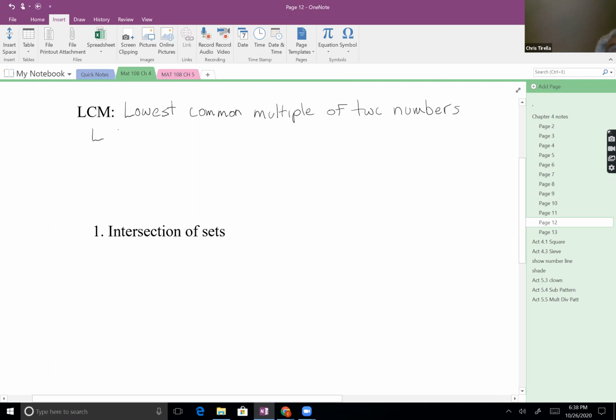We'll say the LCM of A and B is the smallest number that can be divided by both A and B evenly.